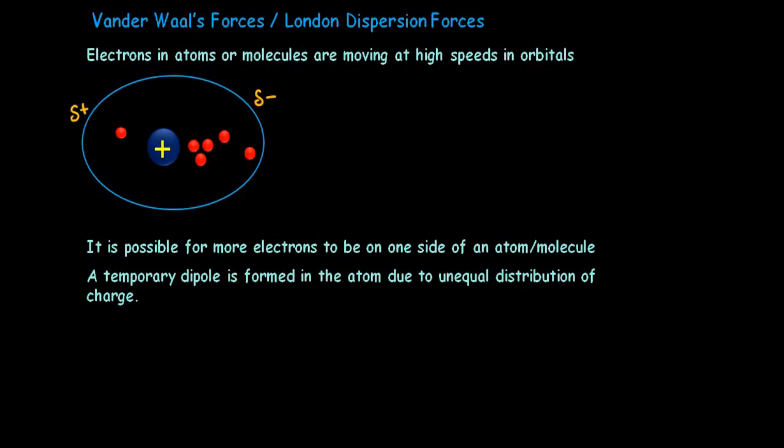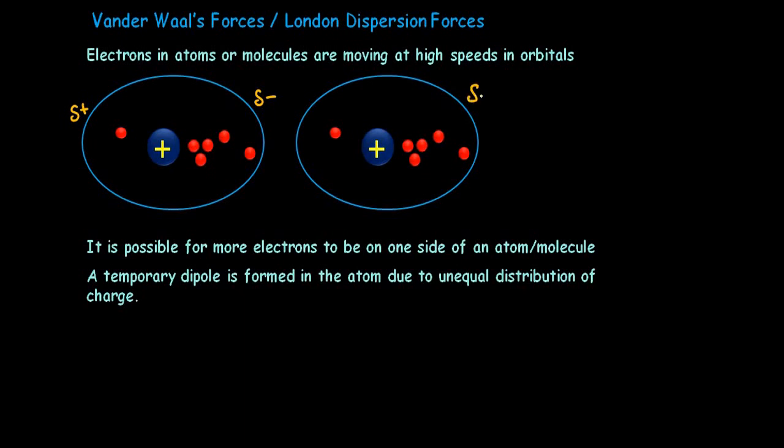Now when such an atom is having a temporary dipole, and when a next atom comes nearer to it, that is going to induce a temporary dipole in this atom also. So this atom will also get a temporary dipole.